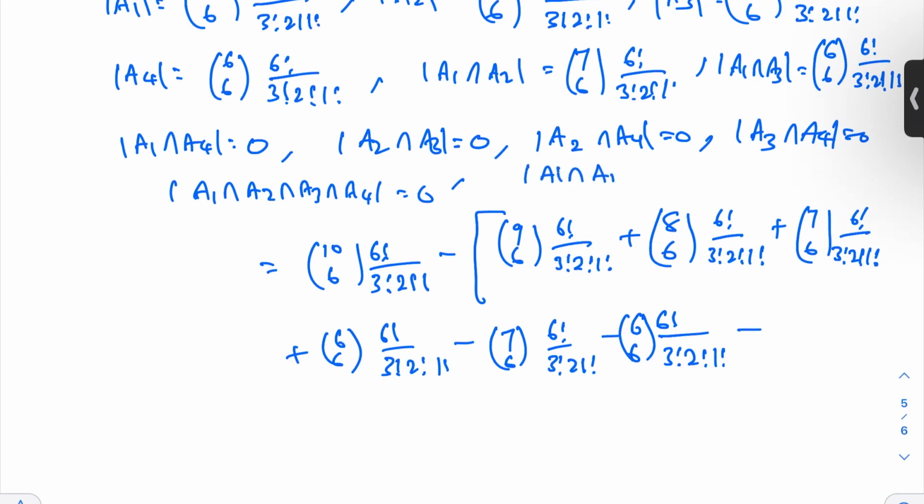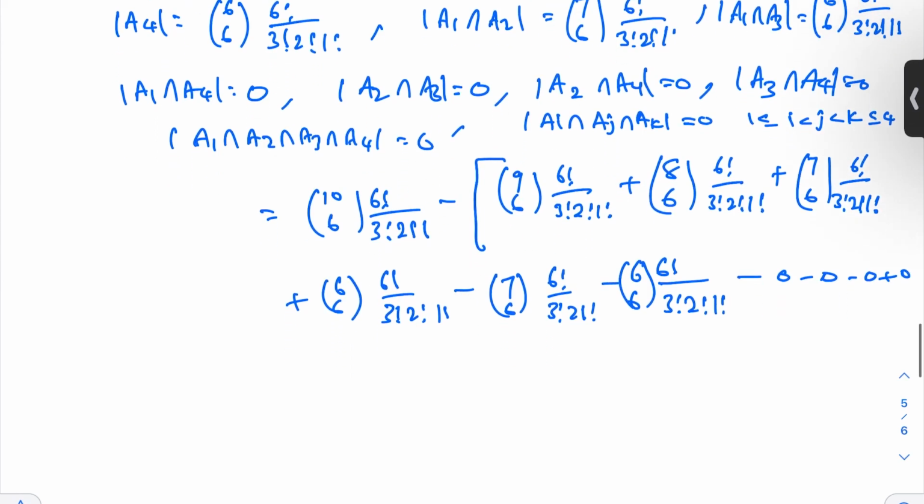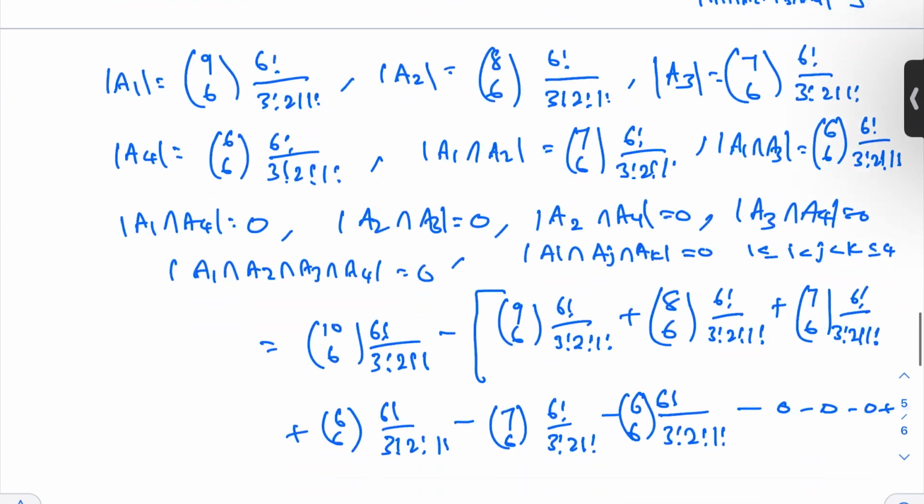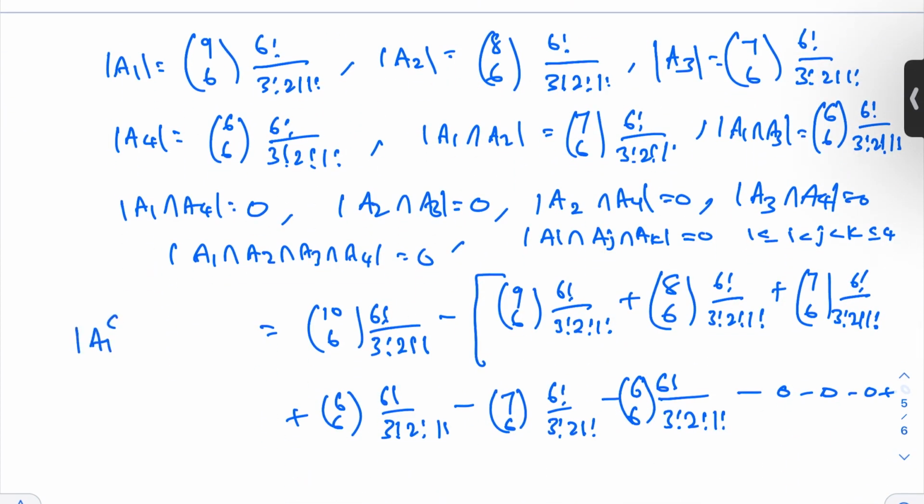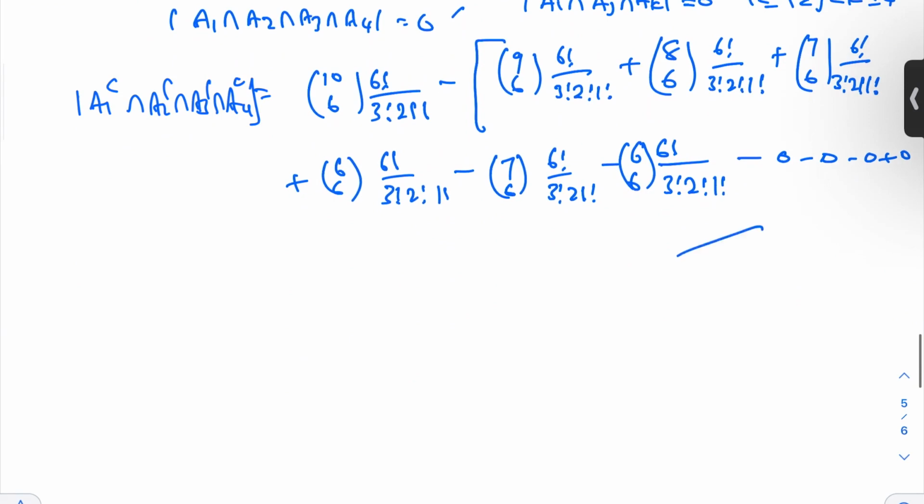Number of elements in Ai intersection Aj intersection Ak is going to be 0 for all 1 ≤ i < j < k ≤ 4. Okay, that's why from here onwards everything is 0. Okay, fine. So if you simplify this, you will get the required count. Okay, so that is the number of elements in A1 complement intersection A2 complement intersection A3 complement intersection A4 complement. Okay, just try to see this thing. Okay, fine.